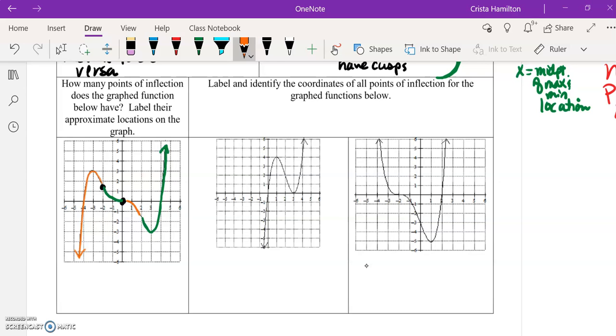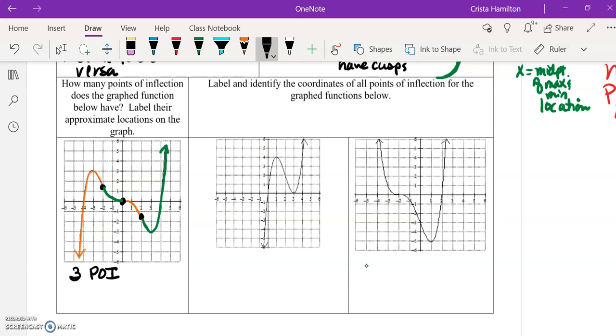So somewhere in there, and again, we're just estimating, I'm going to go with the midpoint and say that it's at that value right there. So if it says how many points of inflection does it have, it very clearly has 3 points of inflection on this graph. And then, could we label and identify all the points of inflection for the graphs below?